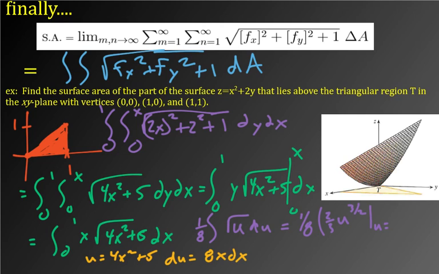and we're going to substitute here u equals 4x squared plus 5. Running out of room really quickly here.